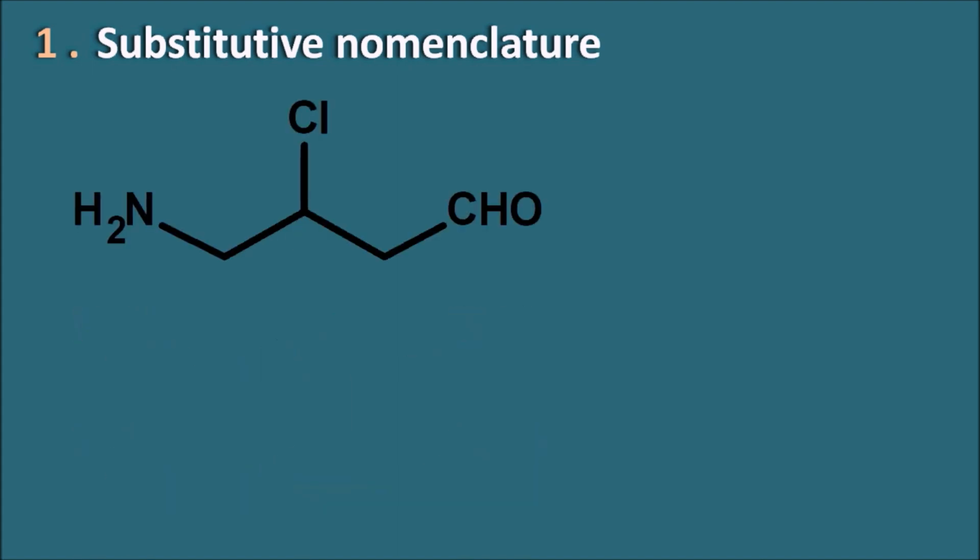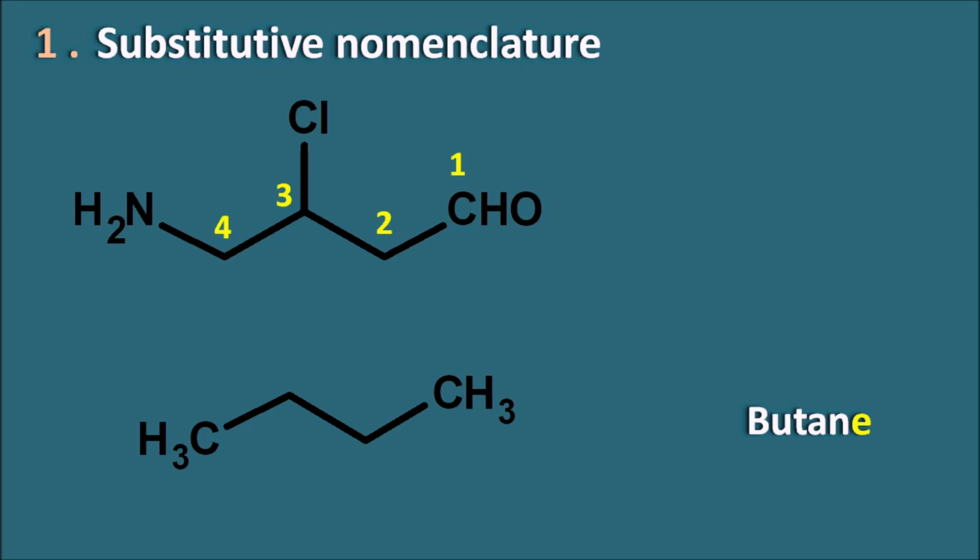Suppose you take a compound like this. Now in this structure if we count the number of carbons, this is 1, 2, 3 and 4. Now this structure is having 4 carbons, and now we can compare this structure with the 4-carbon hydrocarbon. So this 4-carbon alkane is commonly known as butane. So now we can consider the given compound as a derivative of butane, where the given structure is having a functional group aldehyde.